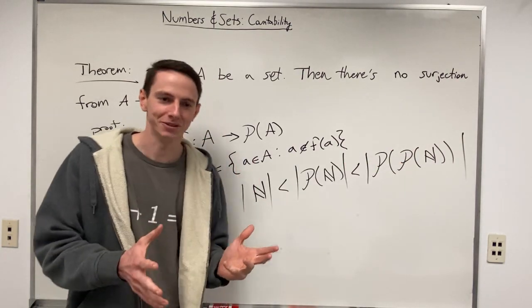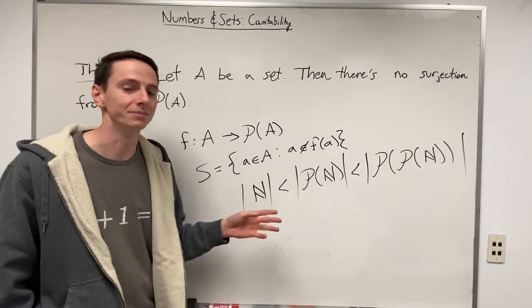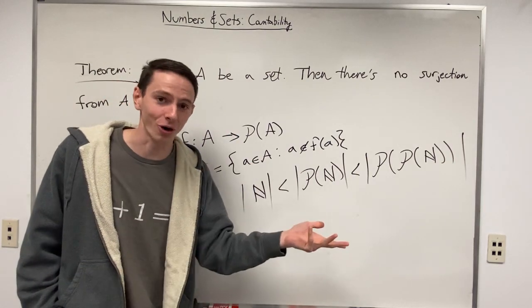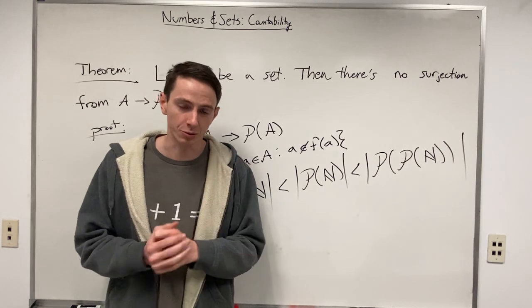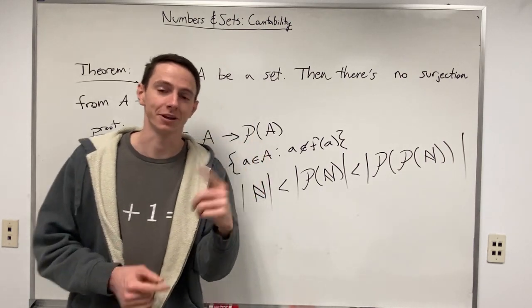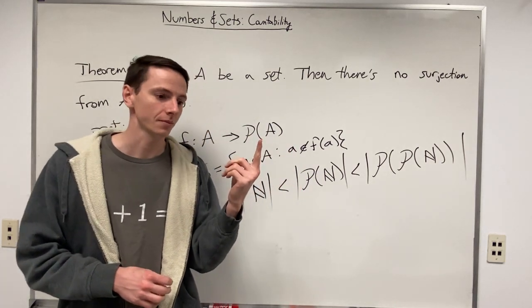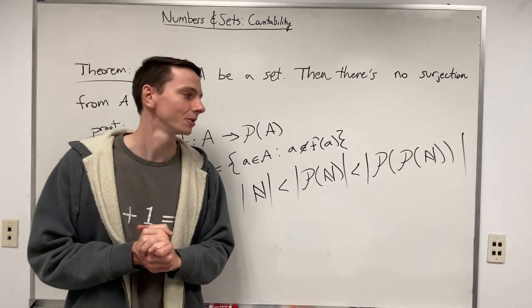So what's the conclusion of all this, right? If we want to ask the question, how many different infinite size sets are there? Because up until this point, we've been working with two, right? We've been working with countably infinite, like the naturals, the integers, the rationals. And there are uncountably infinite, like the real numbers.